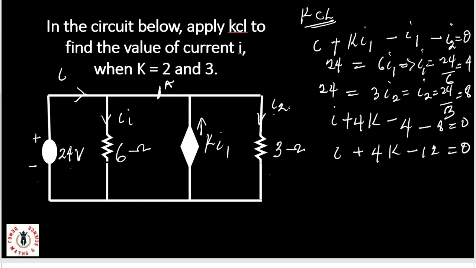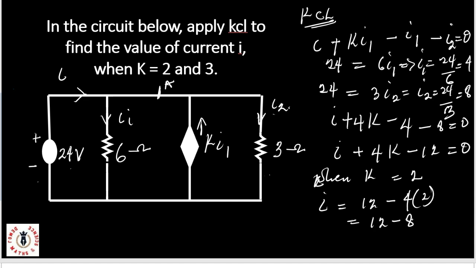So that I, when k is equal to 2, obviously my I will be the same thing as 12 minus 4k, that's minus 4 into 2. That equals 12 minus 8, which is equal to 4 amps.